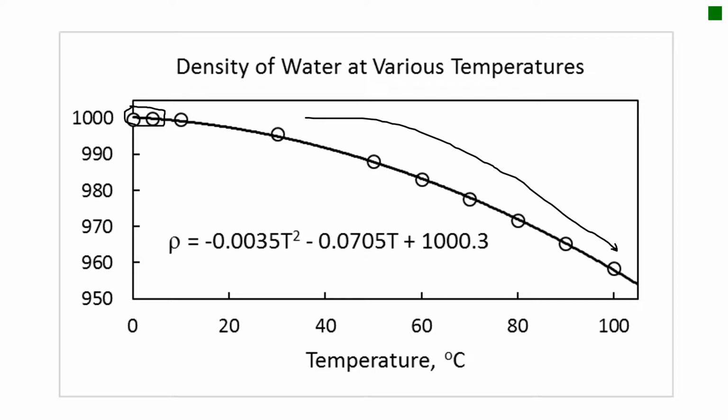So we want that to be reflected in our equations. A simple tool that we can use in Excel is a trendline fit for the density as a function of temperature.